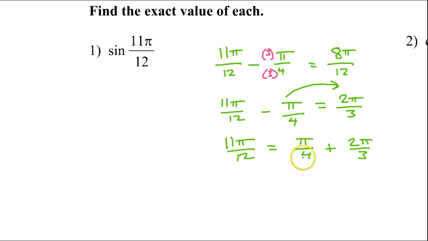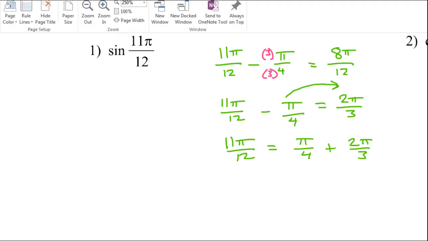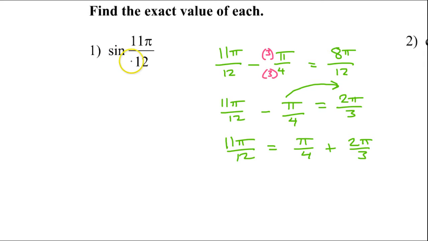So using this equation, I can substitute. So now I can rewrite this. Instead of having the sine of 11 pi over 12, I can write it as the sine of pi over 4 plus 2 pi over 3.